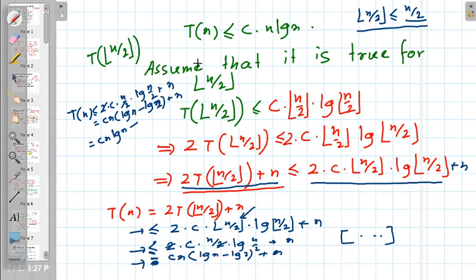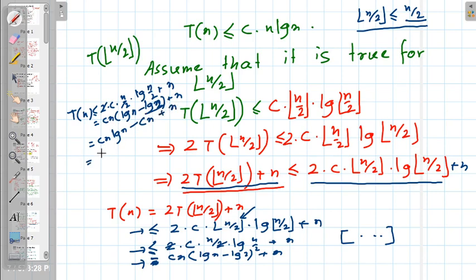Who will be telling what is the value of log 2? It's base 2. Log 2 base 2. Then why you are so late? Huh? So log 2 is 1. So 1 times Cn is Cn, and then plus n is there.